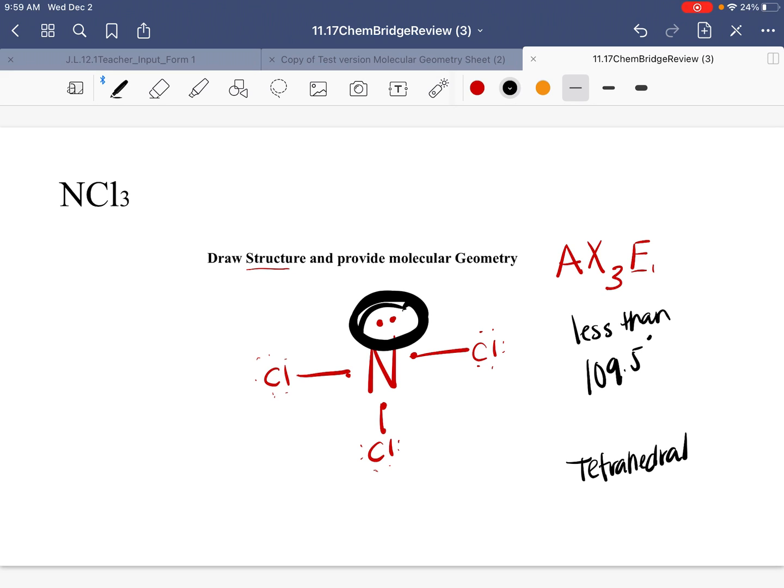So whenever you have a lone pair on the central atom, your bond angles are actually slightly smaller. So it's a little bit less than 109.5 degrees. Reason being that lone pair has a lot of repulsion. So it's just pushing and pushing and pushing down. So a more accurate description of this would be something a little bit more like this, because it's pushing those bond angles down due to the repulsion of the lone pairs.